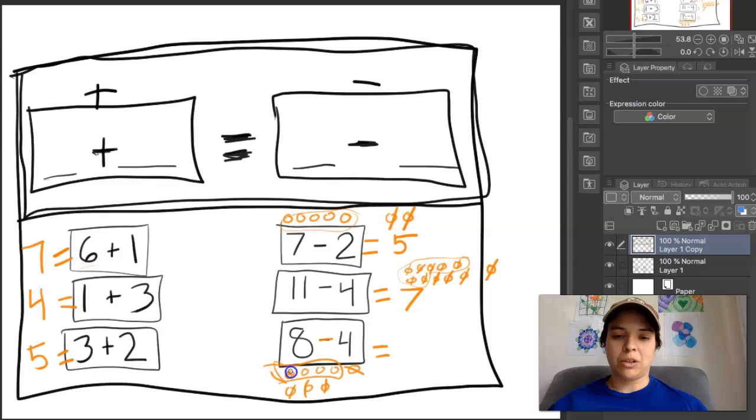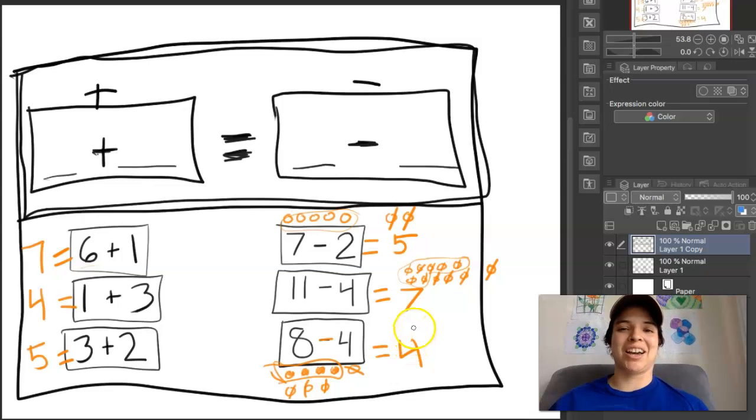I count 1, 2, 3, 4. 4 left. So 8 minus 4 equals 4. If you've remembered that 4 and 4 is a double and it makes 8, give yourselves a pat on the back. Nice job. Now the only thing we have left to do is to pair up those sentences.